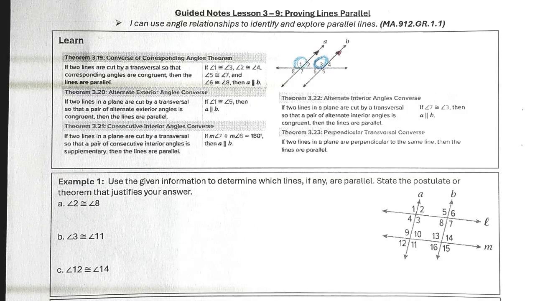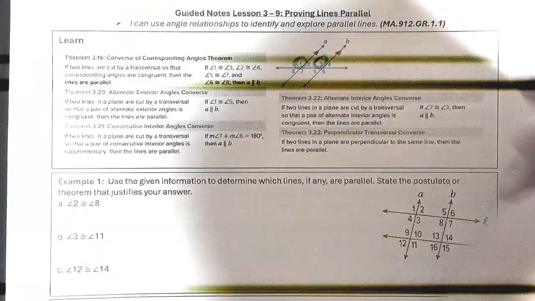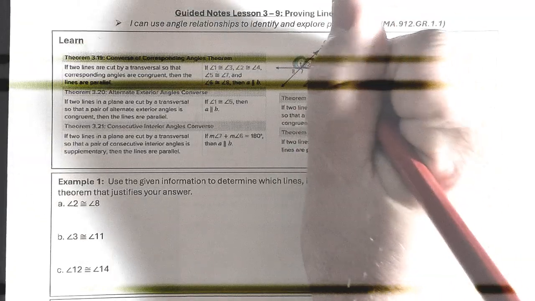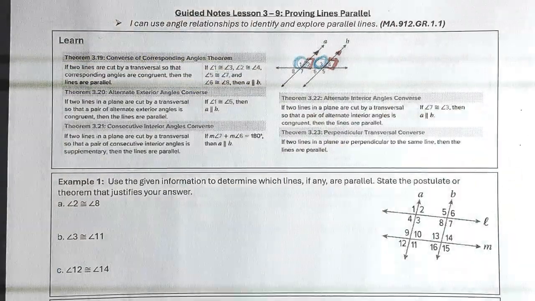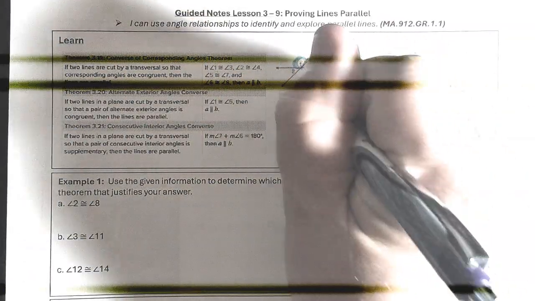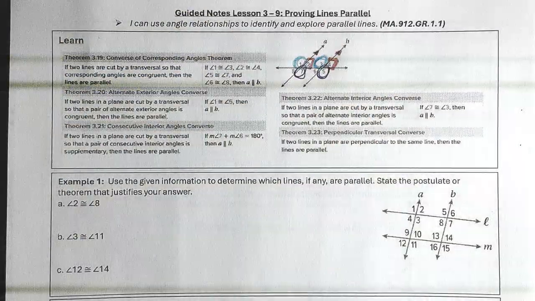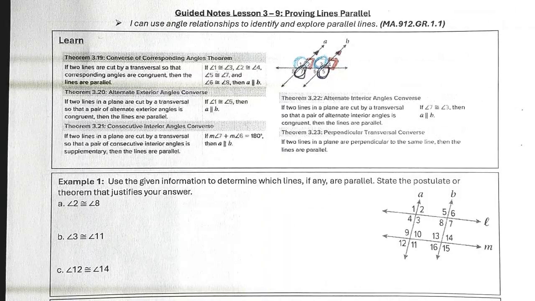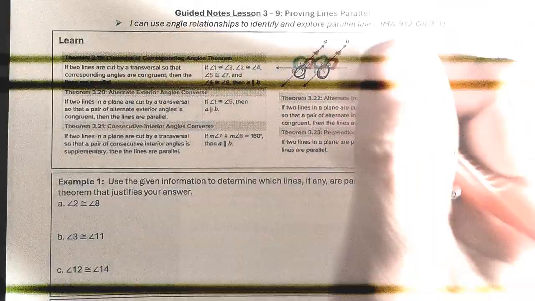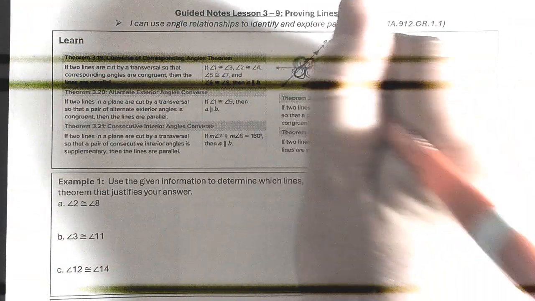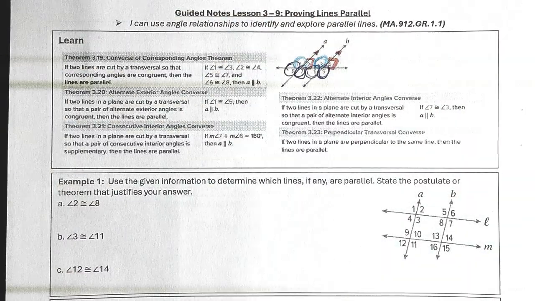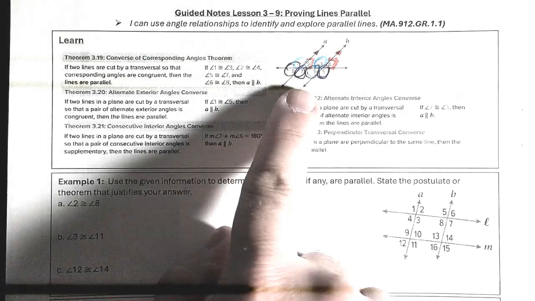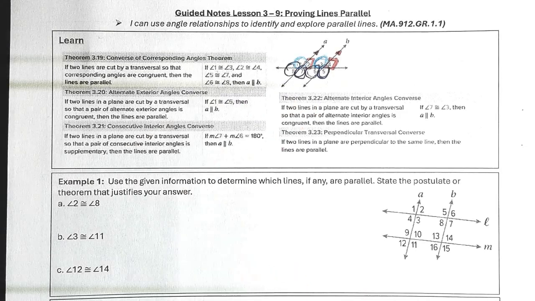This is, again, same stuff we were covering in the last lesson. 2 and 4, next to the top right. 5 and 7, bottom right. And then 6 and 8, bottom left. So if those angles are congruent, then A and B are parallel, and that's what that symbol means.